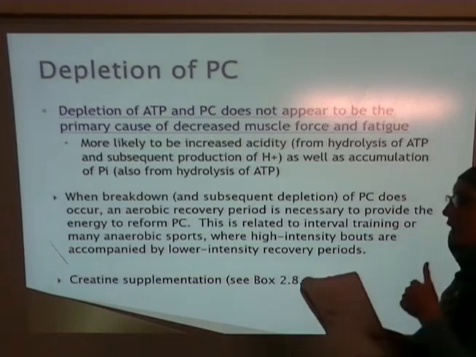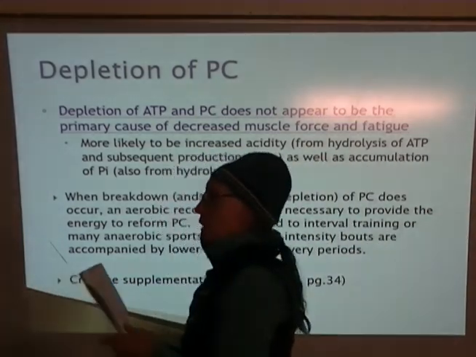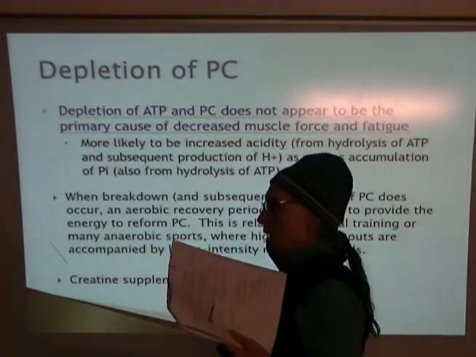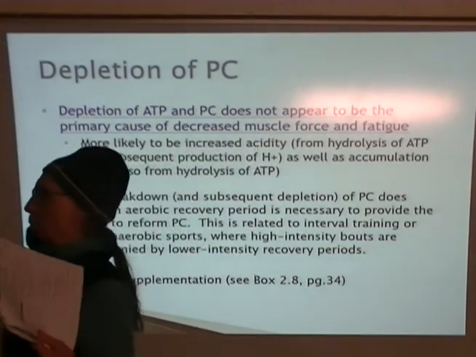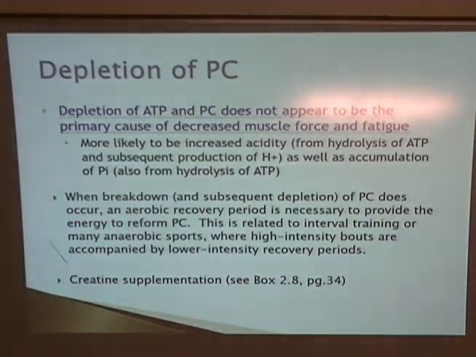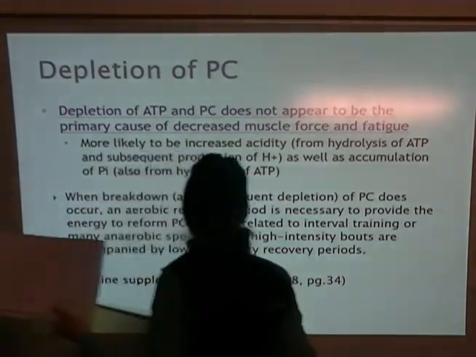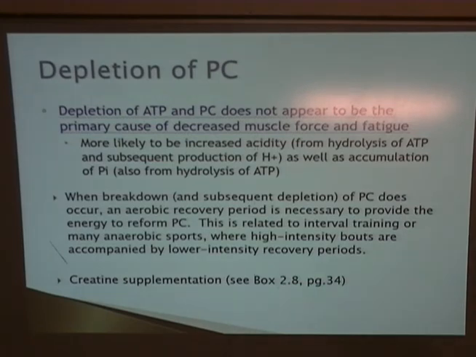So if you're doing interval type training, okay, that's what the little rest phase is for. So you might sprint 50 meters, walk 25 meters, sprint 50 meters, or whatever, right? I don't do intervals, you can tell, right? A lot of anaerobic sports require that kind of downtime in them, okay?